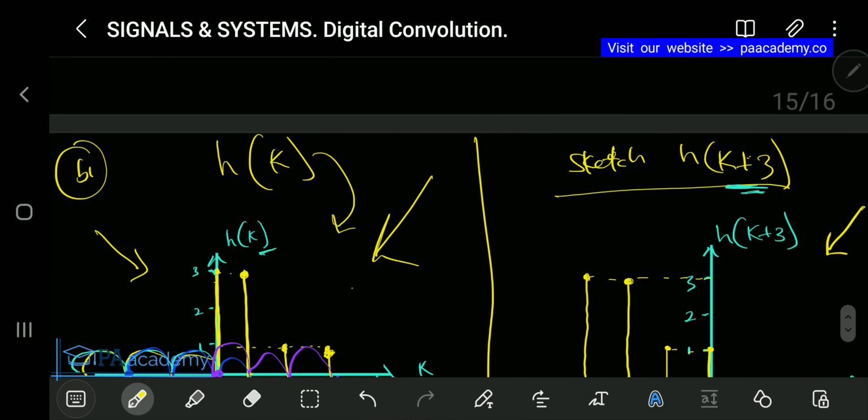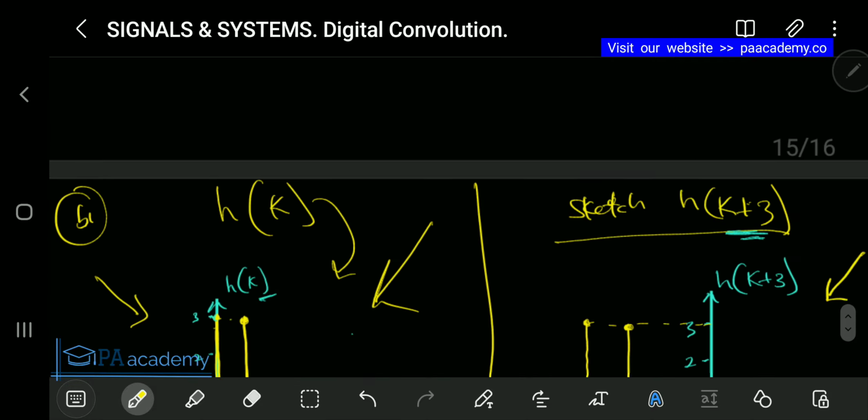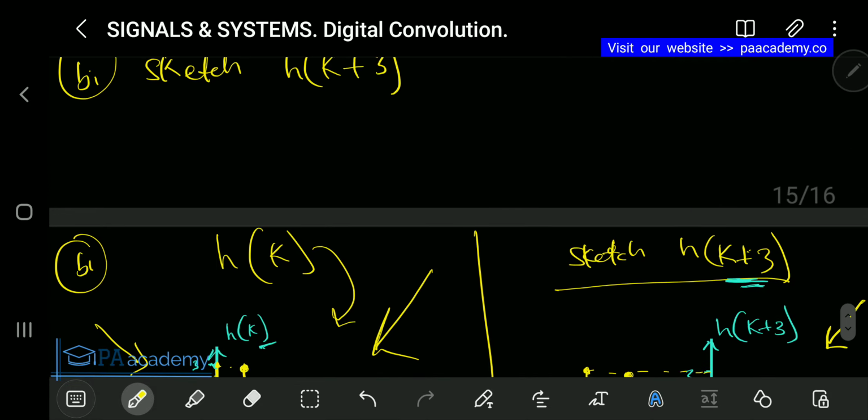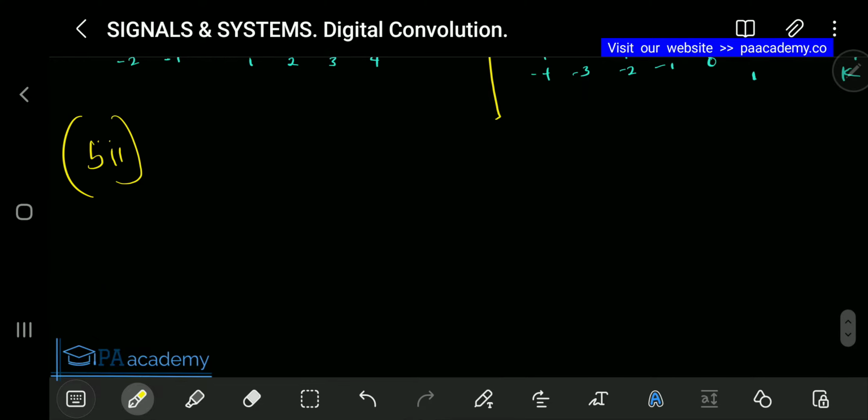Before I go in, take note that when you are shifting a reversed sequence, it is different from when you are shifting a normal sequence. I think I mentioned it before I started this particular example. A normal sequence will just have h of k, either plus or minus 2 or whatever.